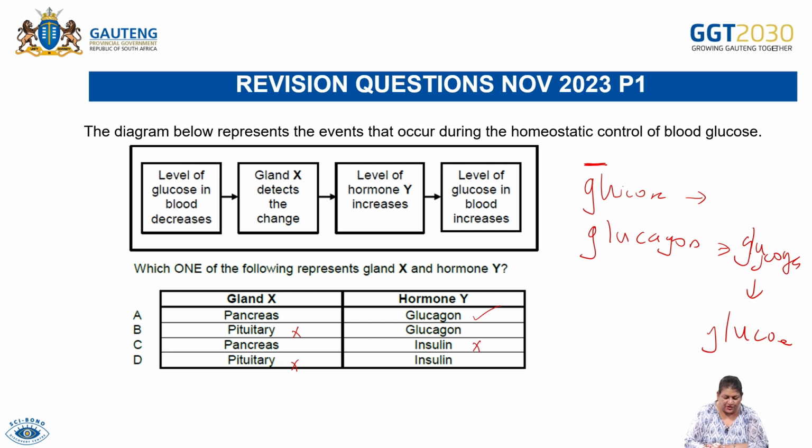That's incorrect. So the correct answer there would have been B. No, sorry, it's going to be A. Right? It's going to be A, pancreas and glucagon. So you have to analyze it. And you can see here's the answer, that it is the pancreas and glucagon.